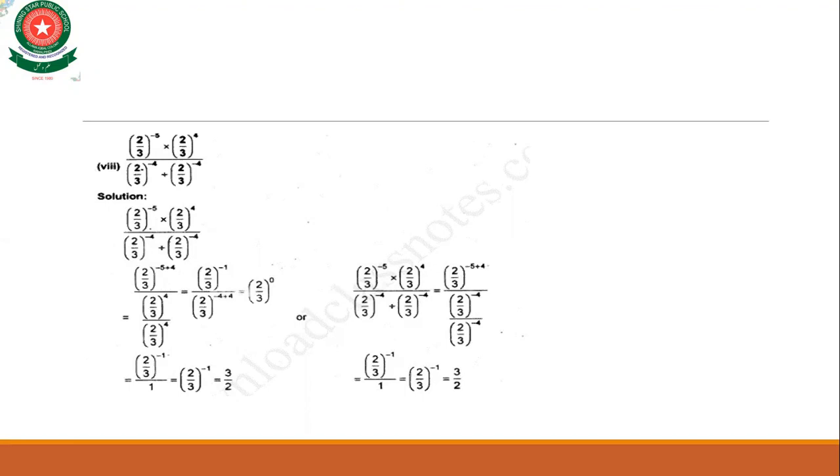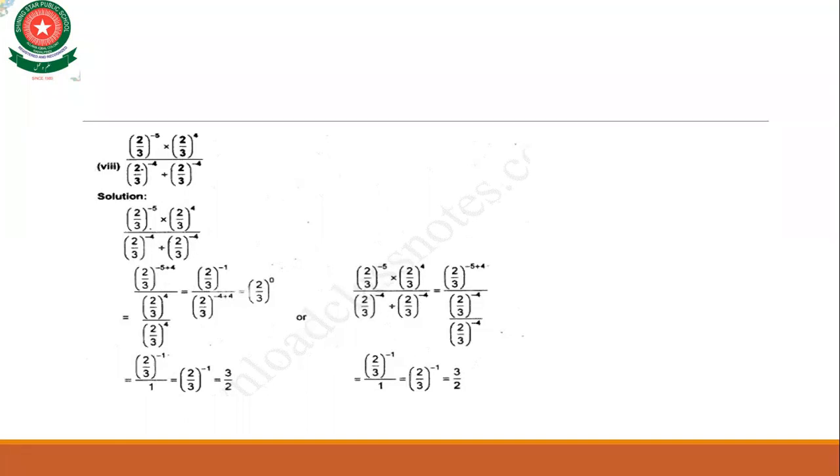Same as in the second method, we have 2 over 3 power minus 5 multiplied by 2 over 3 power 4 over 2 over 3 power minus 4. As you can see, same as we have done in the previous questions, we have to add the exponents.